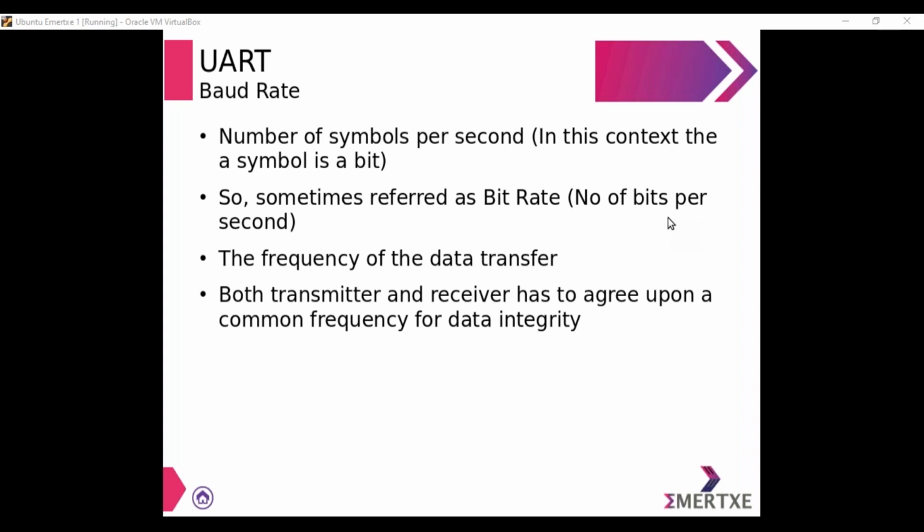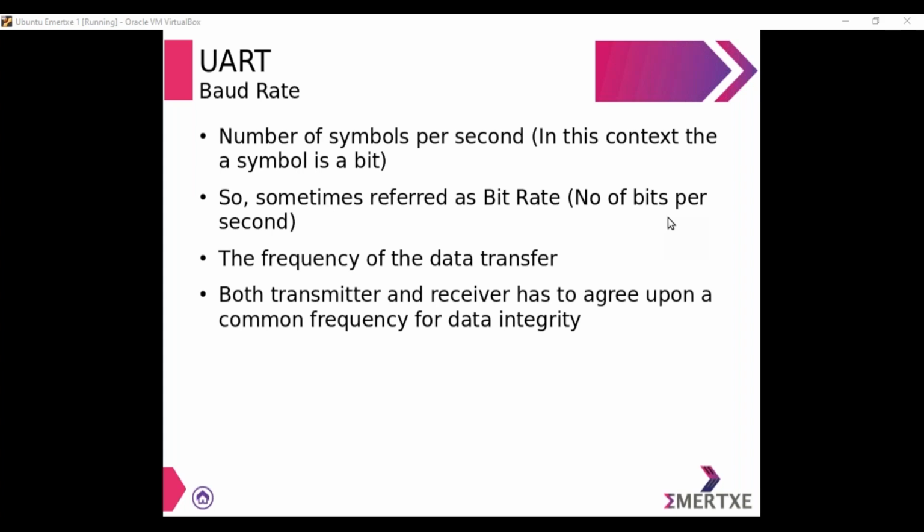So baud rate is the number of symbols being transmitted per second. So each symbol can either have a single bit or it can have multiple bits depending on the different modulation techniques. Okay, so the number of symbols being transmitted per second is called baud rate. The number of bits being transmitted per second is called bit rate.